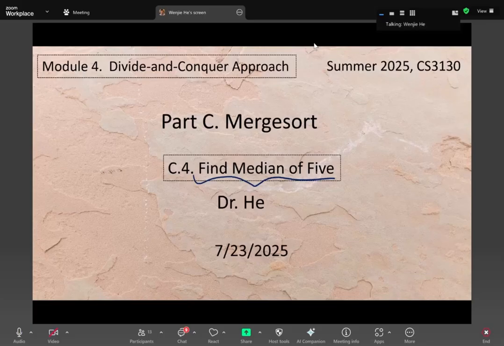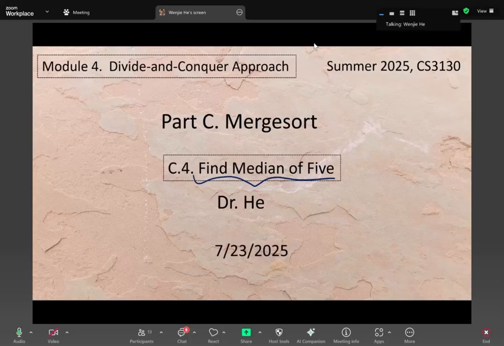Pretty challenging for most people. But for us, because we have learned a lot of knowledge in computer algorithms, it may not be that hard.